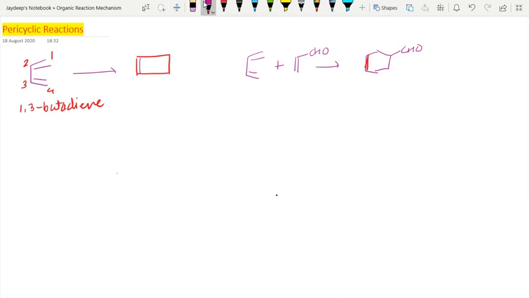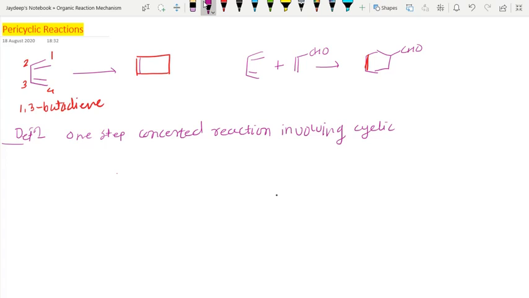These are one-step, one-step concerted reactions involving a cyclic transition state, without forming any intermediate.